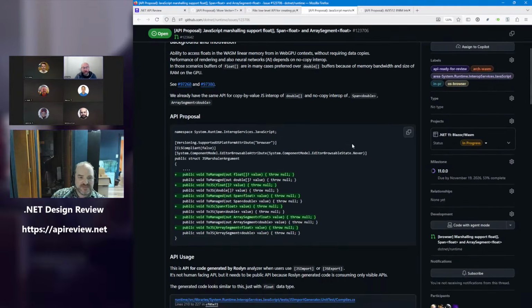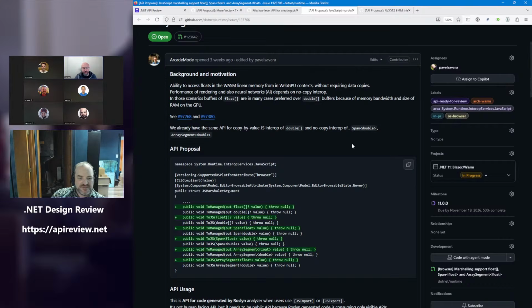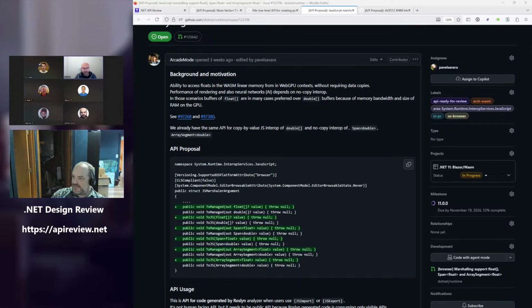This is an API intended for the Roslyn code generator. It is an extension of the API that was created for JavaScript Interop a few years ago. When I introduced it, I limited the scope of work and excluded this data type from the implementation. Now the community came and demanded it and then contributed the implementation.